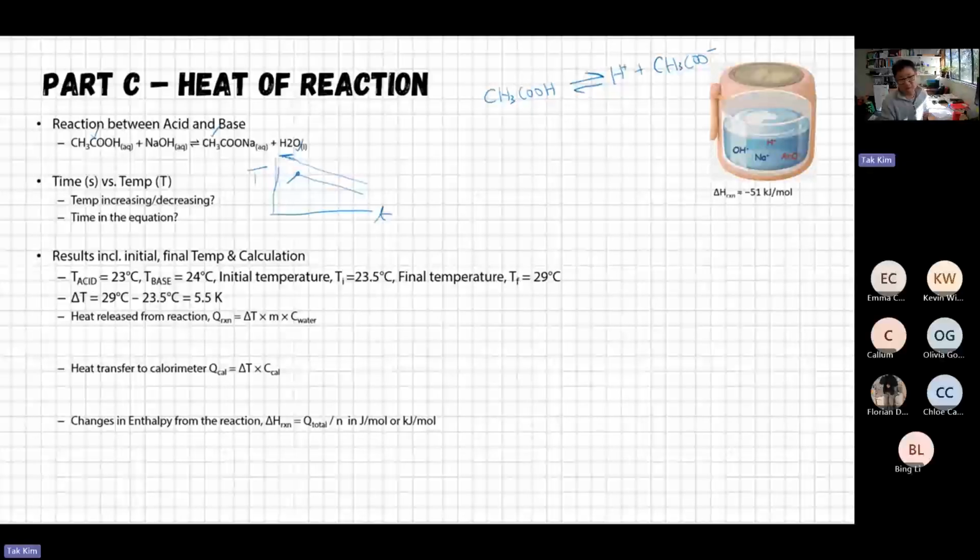And same again, I have numbers over here. The initial temperature should be 23.5 degrees Celsius. And the final temperature, again, I made up this number because it needs to be smaller than the one from hydrochloric acid.